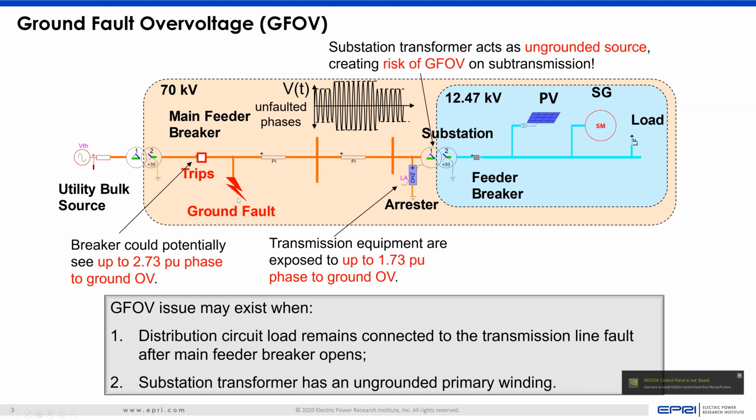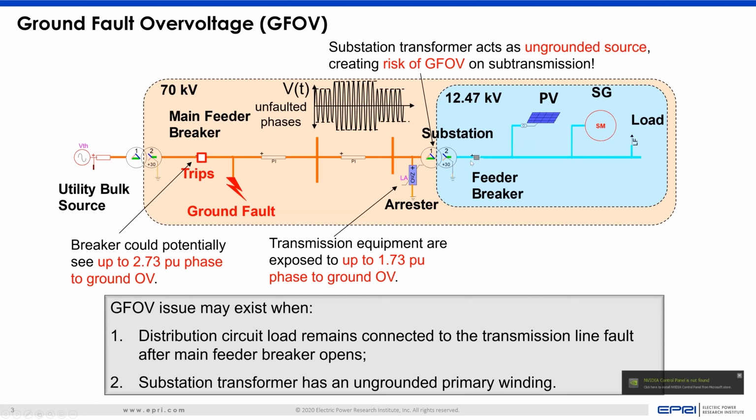Essentially, when a fault happens on the subtransmission network, this main feeder breaker opens, so the entire subtransmission network becomes islanded. Now, if there are generators in the distribution feeders, and if the substation remains connected to the fault, this is an active island.